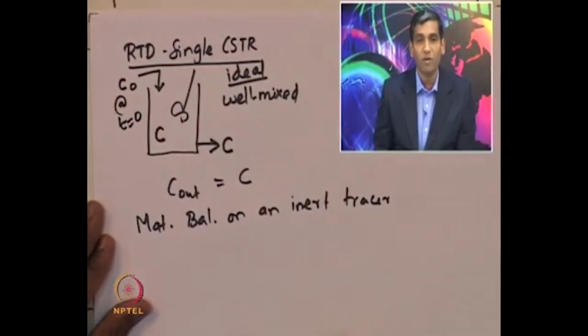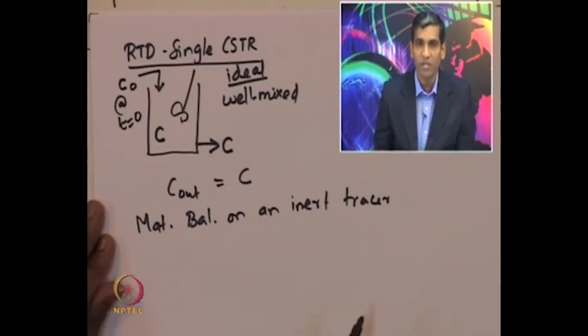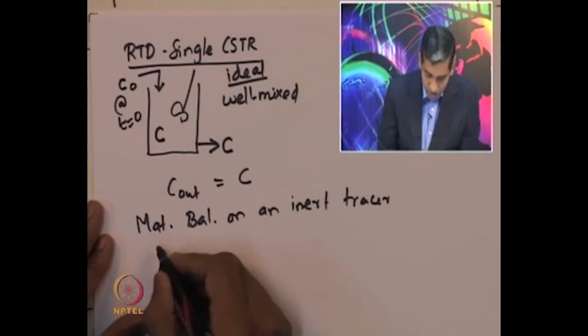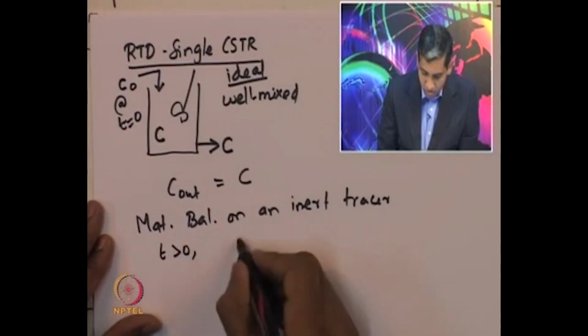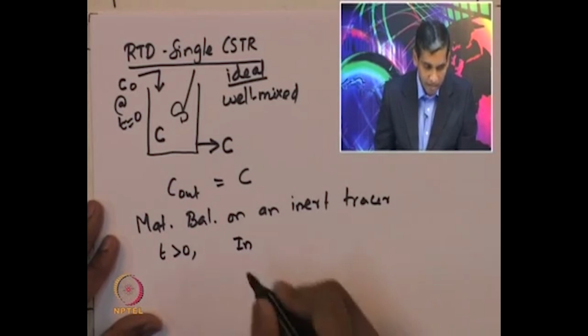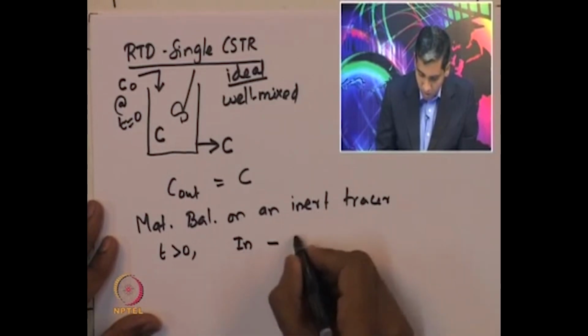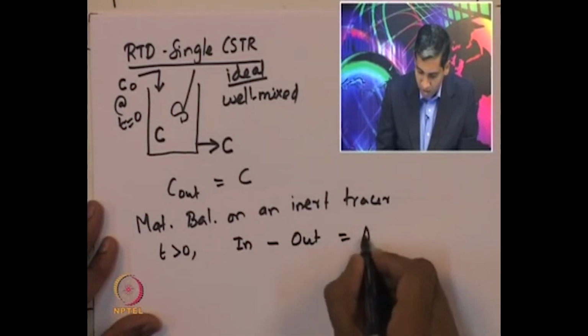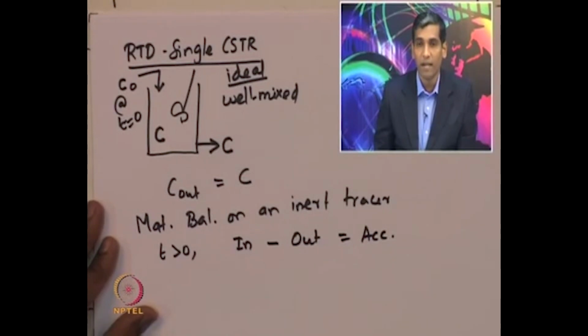So, at time t equal to 0, some quantity of tracer, C naught, is fed into the reactor, and now we can write a material balance in order to find out what the RTD function is. So, for any time greater than 0, whatever tracer is entering the reactor, minus whatever is leaving, should be equal to the accumulation of the tracer inside the reactor.